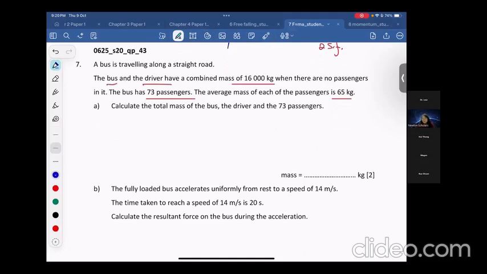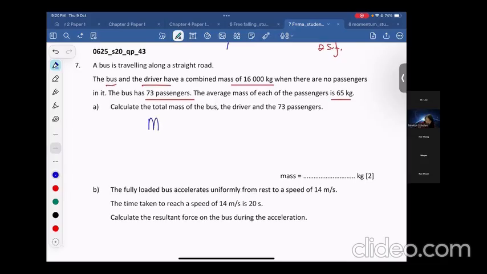So can you make it in two significant figures? Okay, boys and girls, this one total mass is the mass for the bus plus driver, which is 16,000, plus the passengers 73. Then each of them is 65.